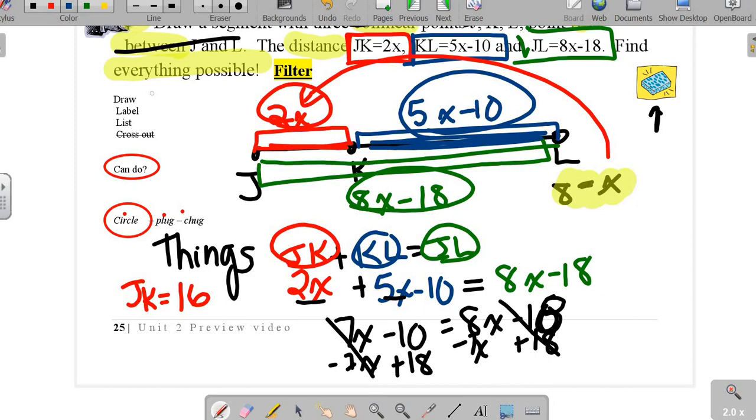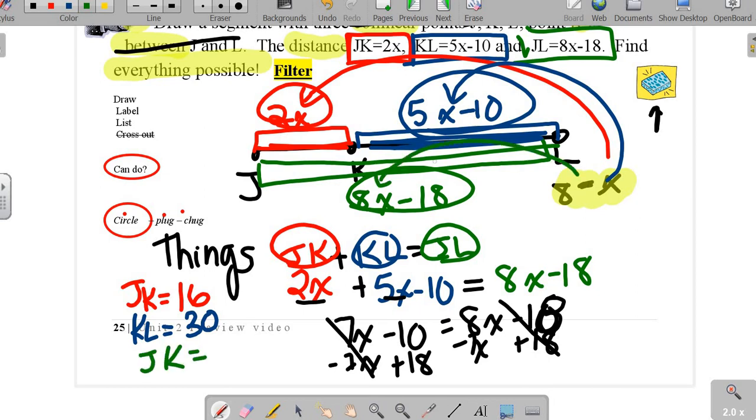And then we're going to find this distance right here, K to L. 5 times 8 is 40, minus 10 is 30. And we find our last distance, J to L. 8 times 8 is 64, minus 18.